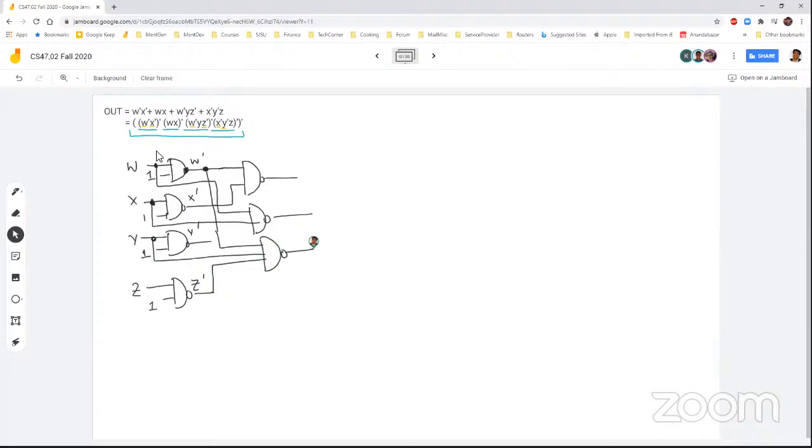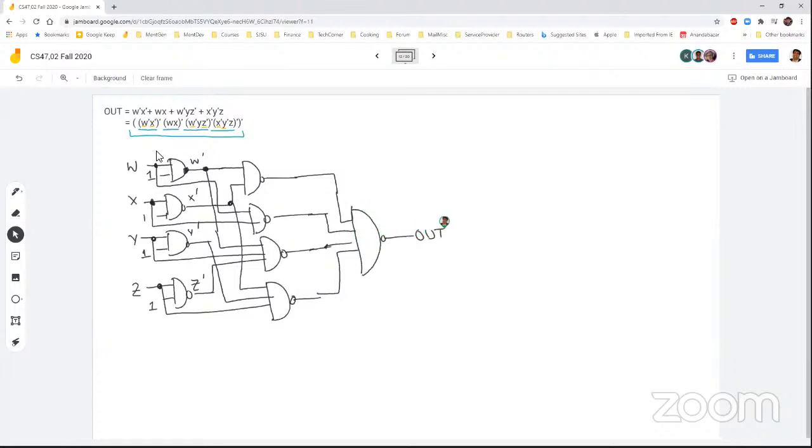We use a three input NAND, and then we have X bar, Y bar, Z. And then we do the NAND for all of them using a 4-input NAND. So this becomes my out. So this means this is your entire logic circuit.